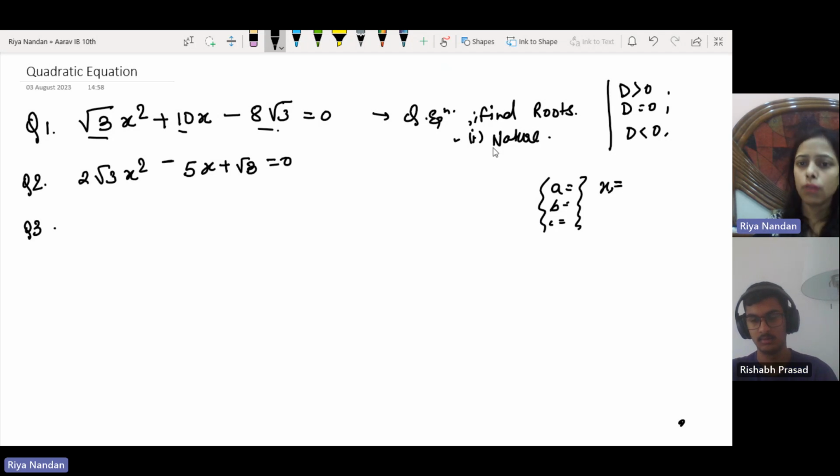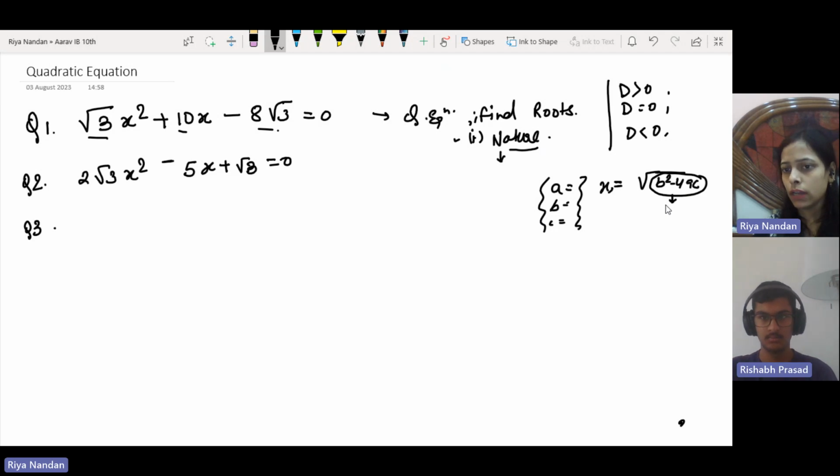Just let me know how you will find the nature of the roots. Root of b square minus 4ac upon 2a. Only this you have to find. Whenever you get this value, then you have to find its nature, right?